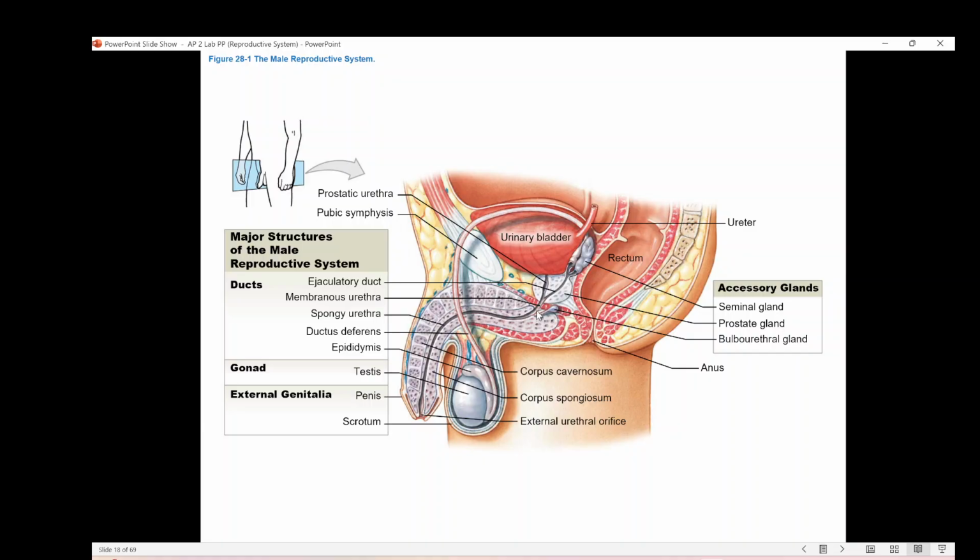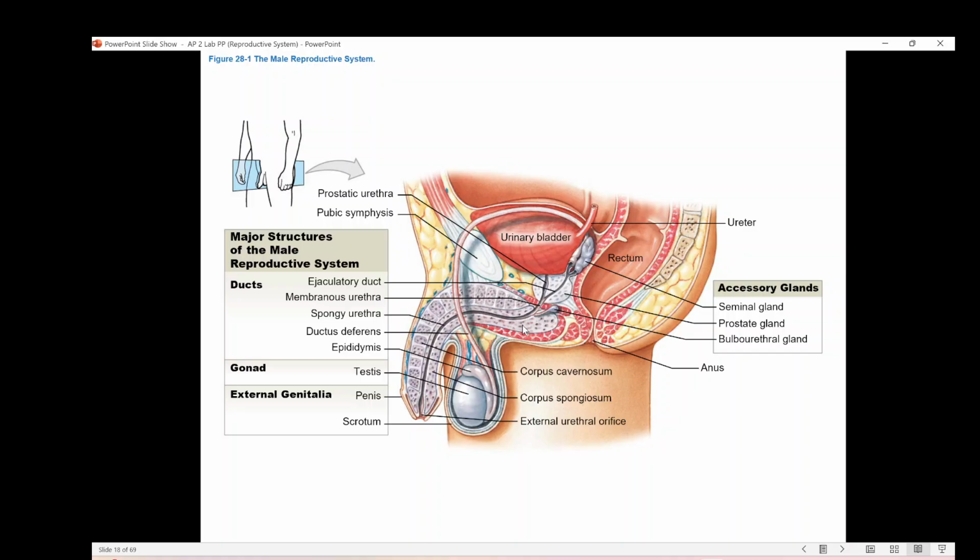And then the rest of the urethra that's within the penis, you could say either the penile urethra or the spongy urethra. Right here, they have it labeled as spongy. The reason for that is this is erectile tissue, known as the corpus spongiosum, and the urethra runs right through that corpus spongiosum.